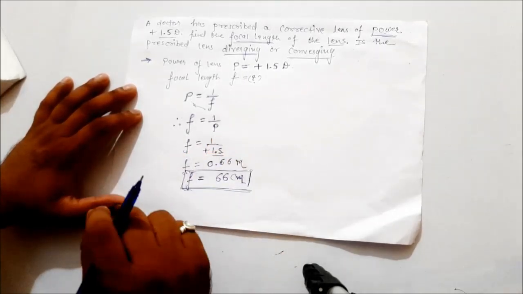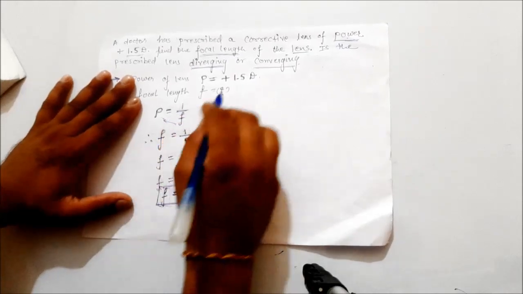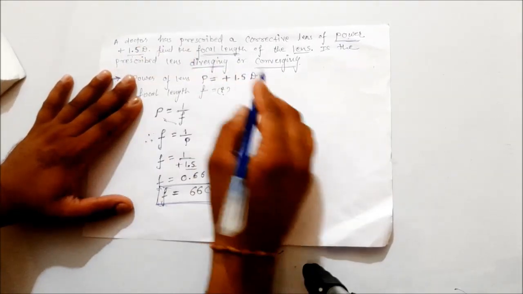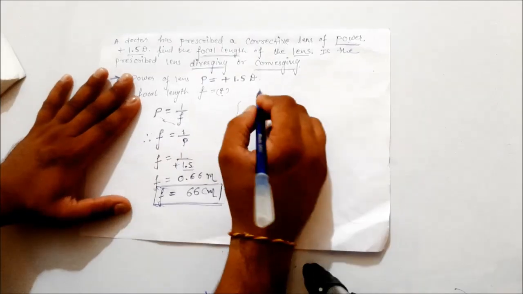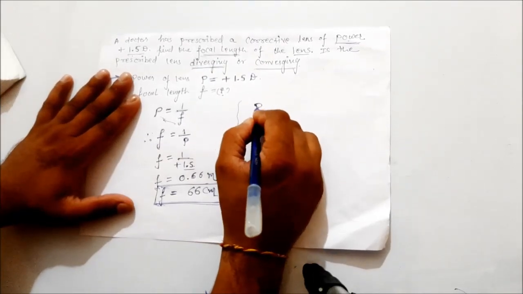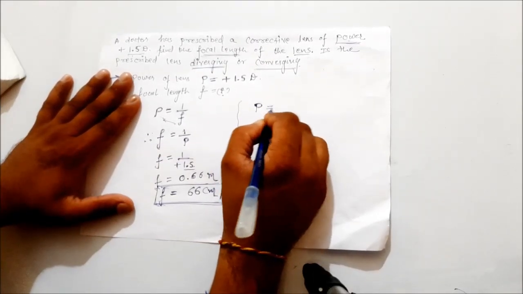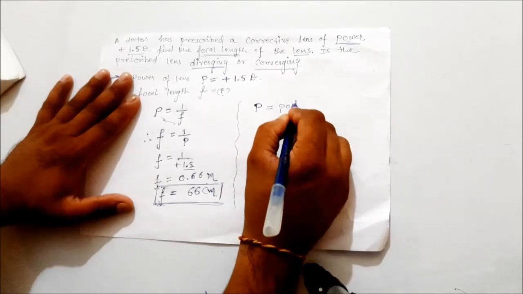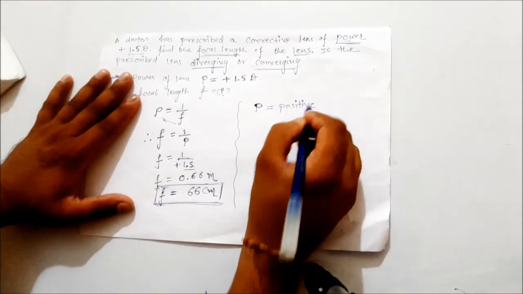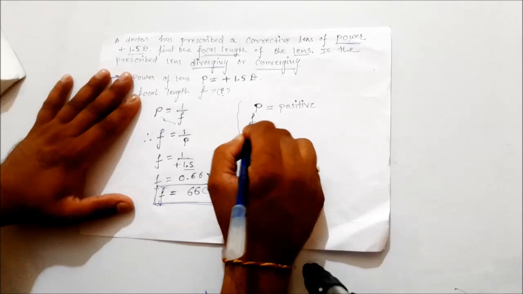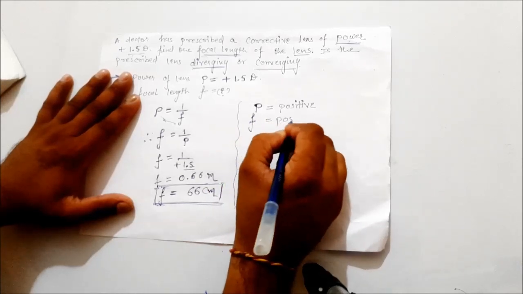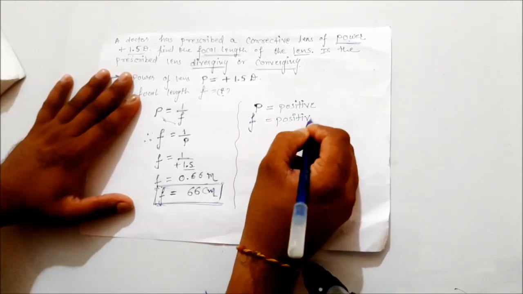Now, which type of lens is it? First of all, as we know, our power of lens was positive, which means the focal length F will also be positive.